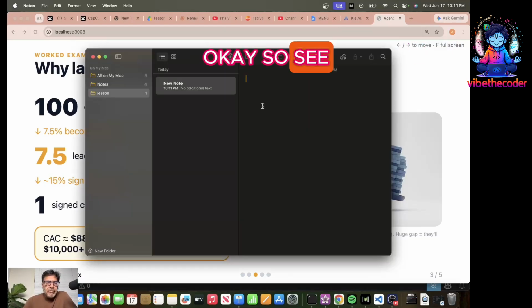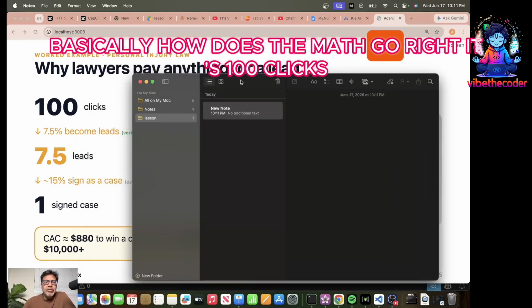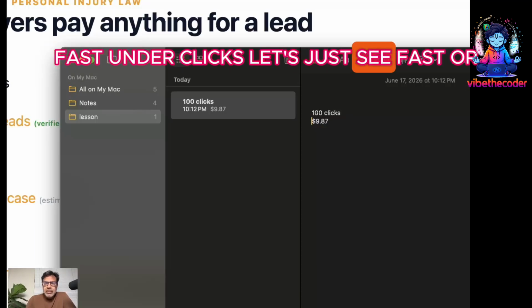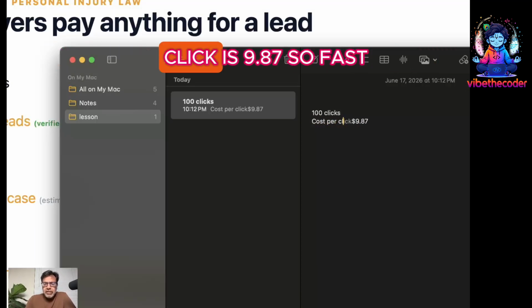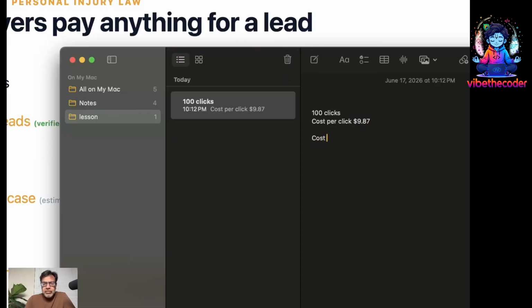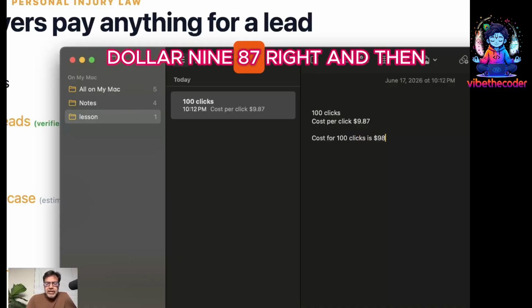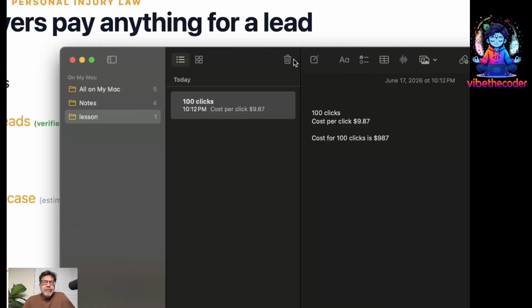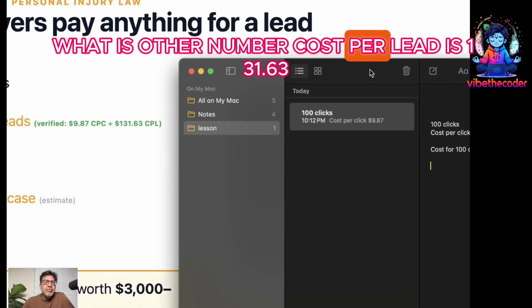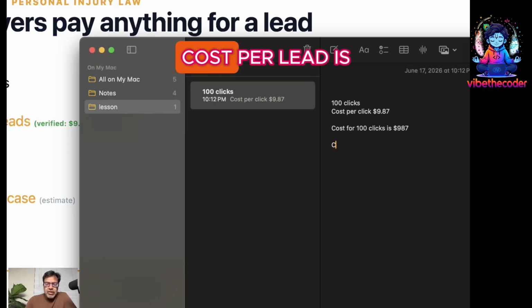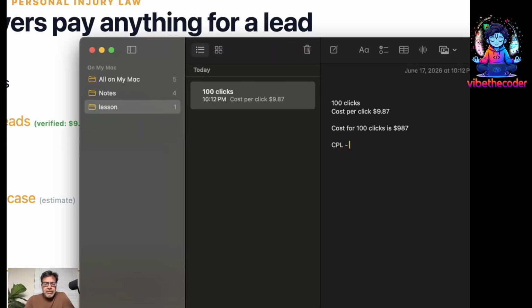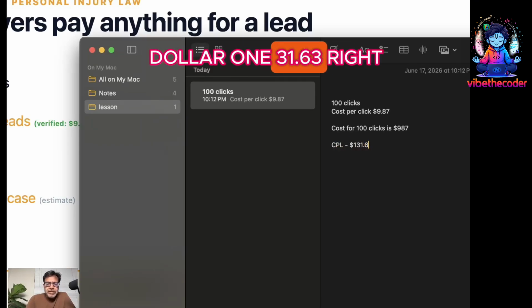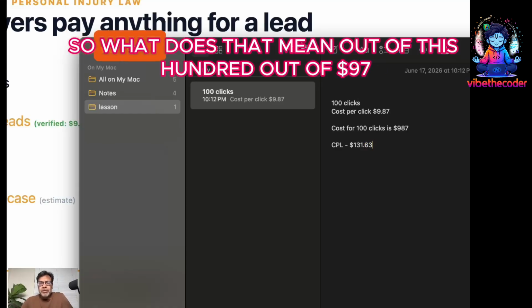Basically, how does the math go? Cost per click is $9.87, so the cost for 100 clicks is $987. And the other number, the cost per lead, is $131.63. What does that mean?